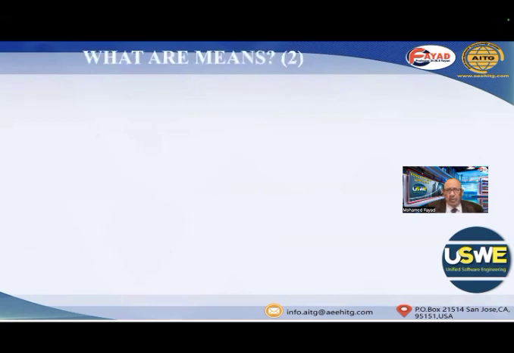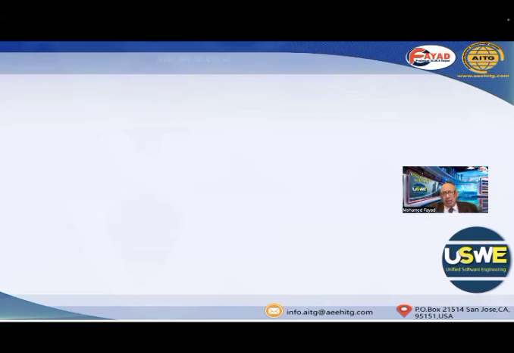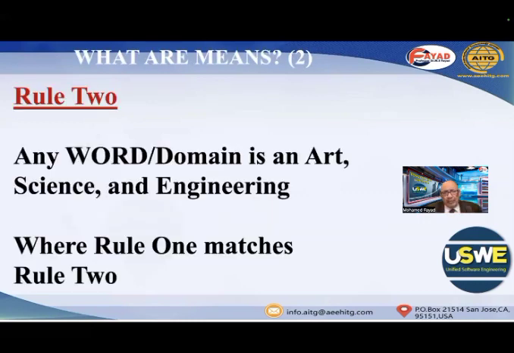To tell you the truth. Now, I'm just going through this very quickly. As I said, we'll go into the second one. Rule 2: any word or domain is an art and science and engineering.